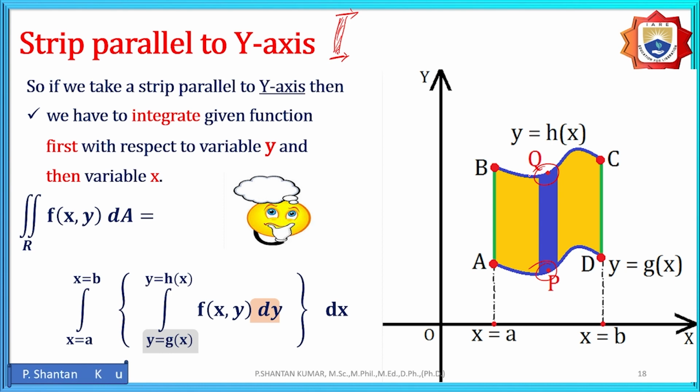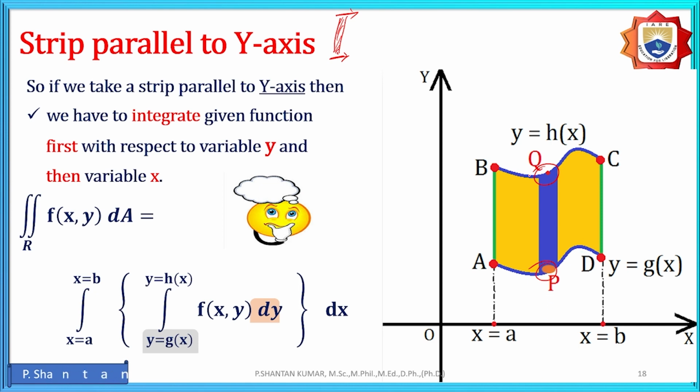While taking parallel to the y-axis, we need to find y terms, whereas parallel to the x-axis is x in terms of y. Here, parallel to y, you take the lower strip in terms of x, and the upper limit is also y in terms of x.